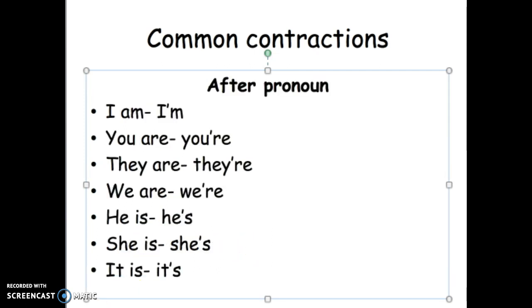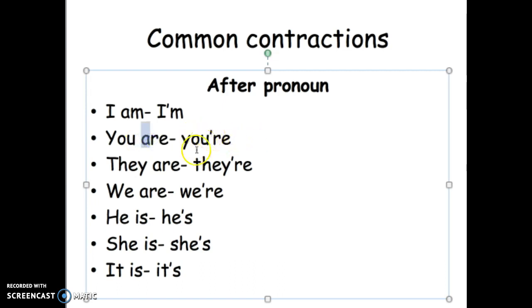Okay, so then we have some verbs that can be contracted after a pronoun. So for example, we have I am turns into I'm. We have the A left out there, and that's where the apostrophe is. You are makes you're, and we have the A again missing here.